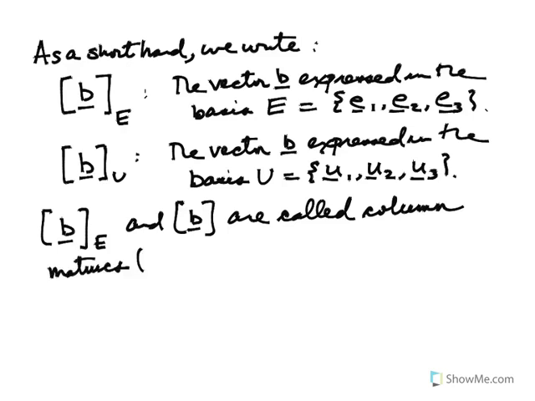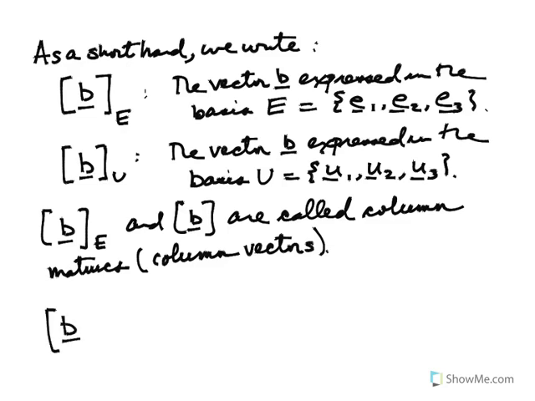The terminology that's often used would be column vectors, but I want to make sure that we don't overload the notation vectors, so I'll call them column matrices in this particular case. A matrix is just generally an array of numbers, and this is an array of numbers as well, but it just happens to be an array that has just three elements in a single column. So the way we would write that is in terms of a column vector as follows.